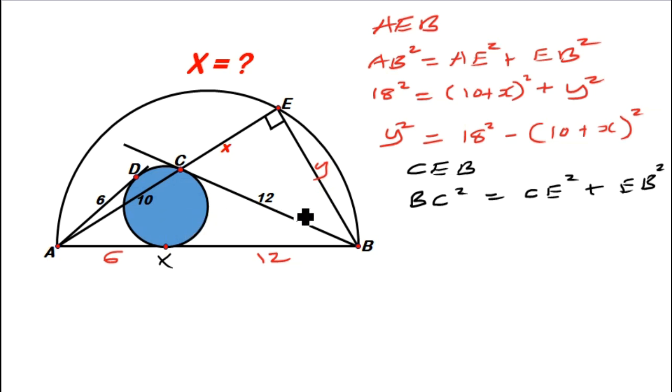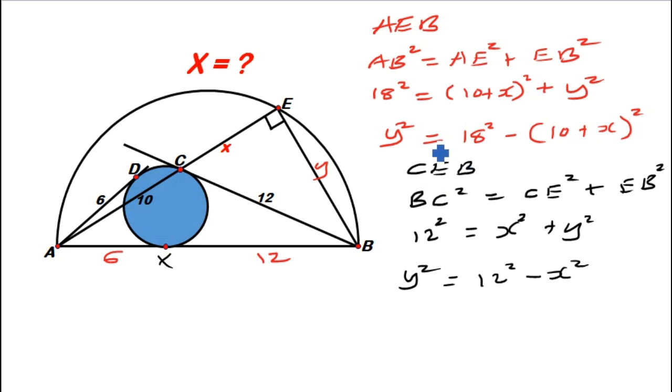If you do the substitution, from B to C is 12, so that is 12 squared equals, from C to E is x, x squared, plus from E to B is y, so y squared. Again, if we make y squared the subject of the formula, we get y squared equals 12 squared minus x squared.